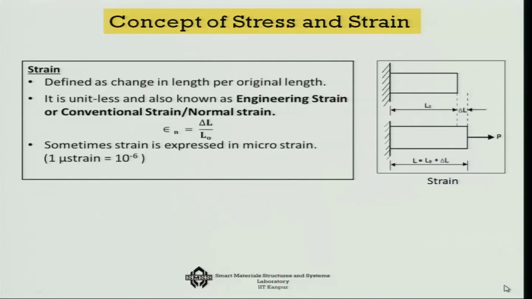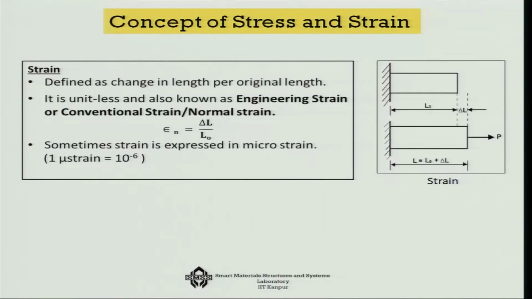The strain is defined as the change in length per original length of the material. If the area of cross section is not changing, or the change is small in a certain range, then the strain is the engineering strain, or conventional or normal strain, which is the change in length over the original length.